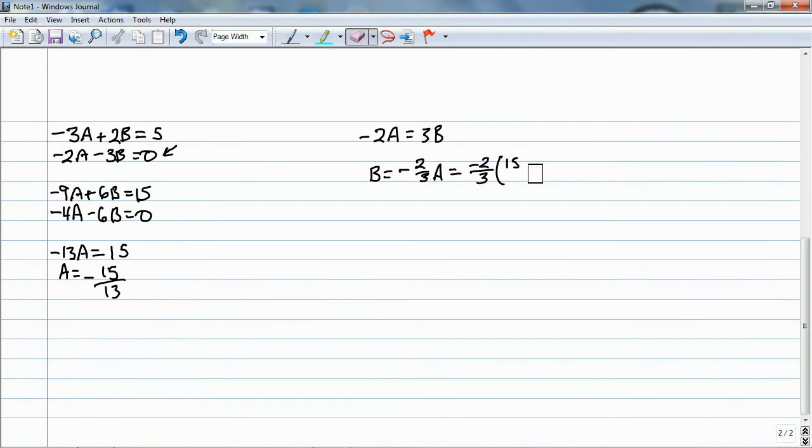Oh, leave a little bit of room here for the negative sign. Well, I can cancel a 3 out, and so I'm going to have 10 thirteenths for my B constant.